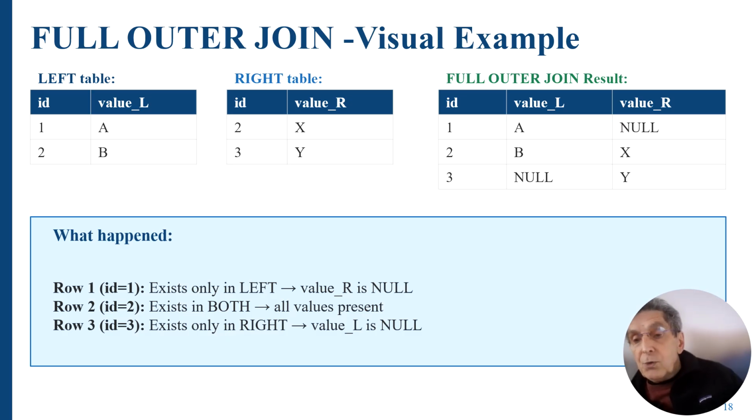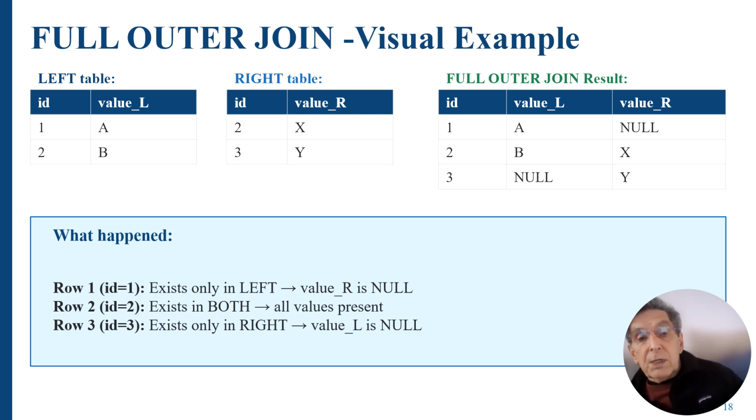The full outer join result has 3 rows. ID 1 shows the value A from the left and null from the right because there's no ID 1 in the right table. Now ID 2 shows B and X because it exists in both tables. Then ID 3 shows null and Y because there's no ID 3 in the left table.